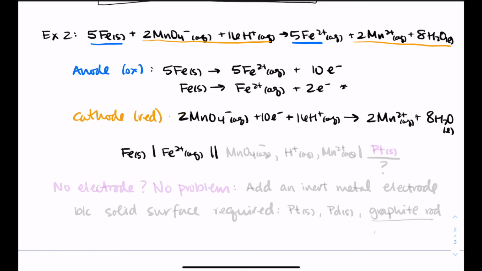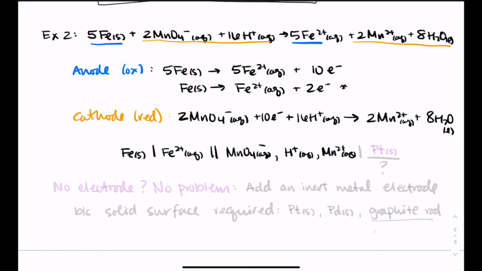What I don't have is an electrode, right? Everything is in solution. Now, this is a full reduction reaction, but there is no solid metal in that part of the reaction that could act as an electrode. But that's fine.